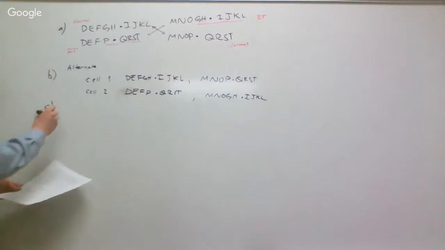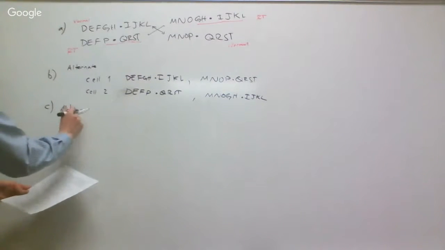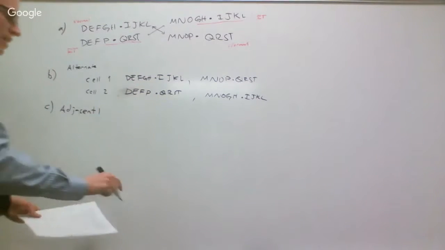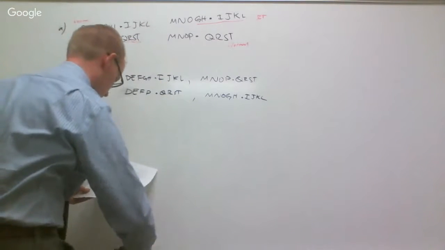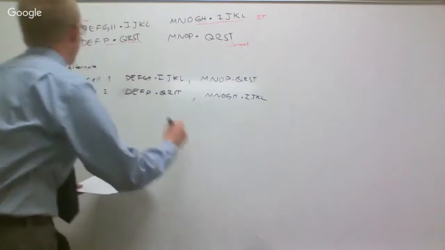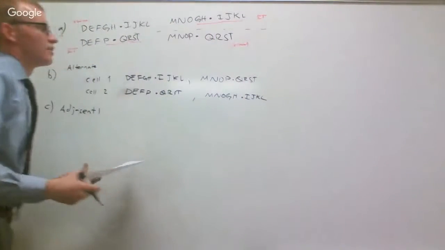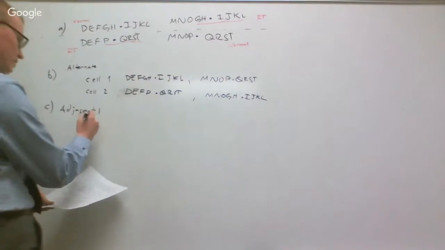Part C asks us for the adjacent 1 pattern segregation. Now in the adjacent 1 pattern, we are going to draw a line as if it were a plane separating that way. Both chromosomes on top are going to go into one cell, both on the bottom will go into the other.